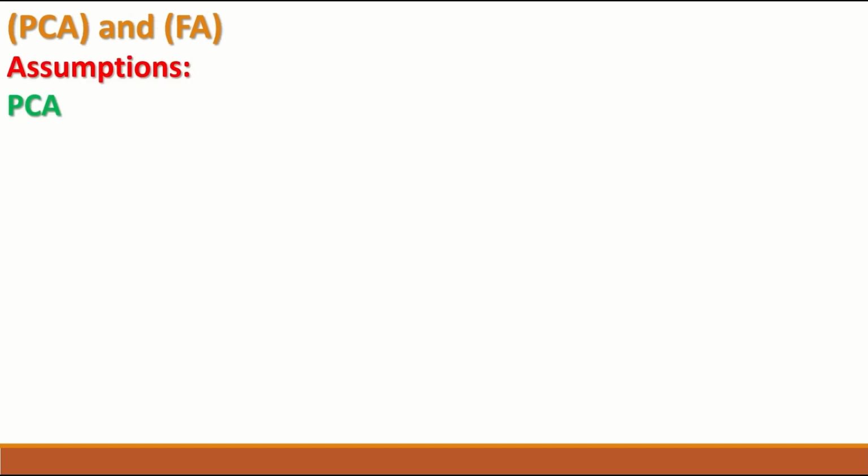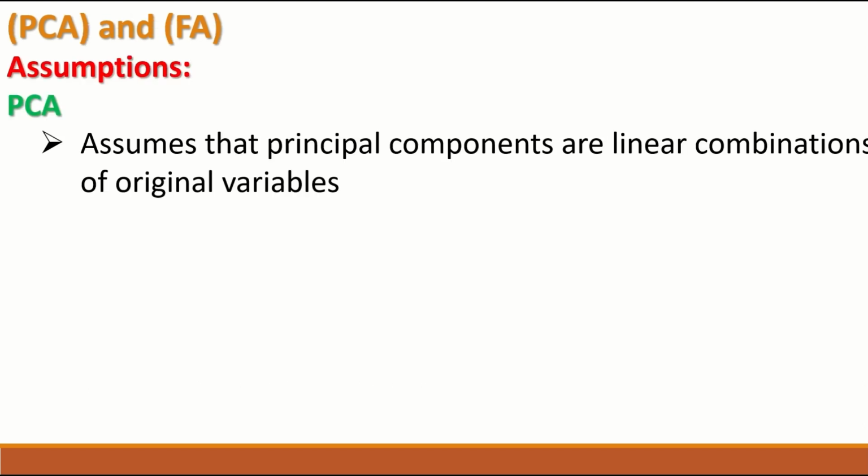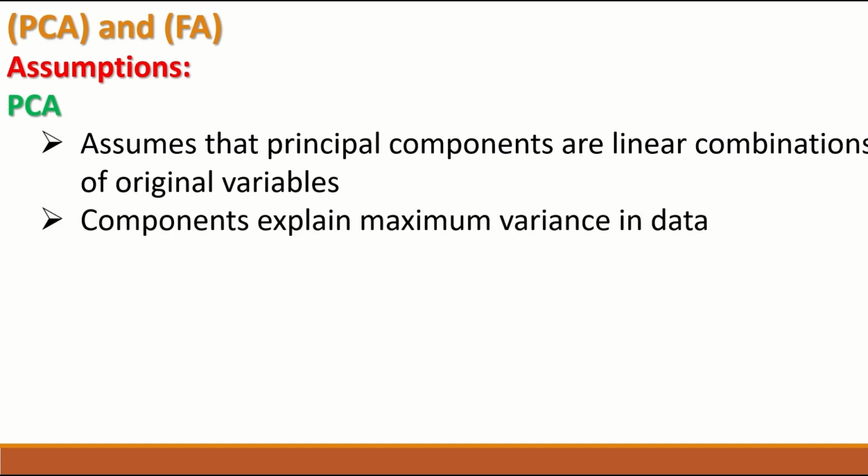In terms of assumptions, PCA assumes that the principal components generated are linear combinations of the original variables, and these components retain or explain the maximum variances in the data.